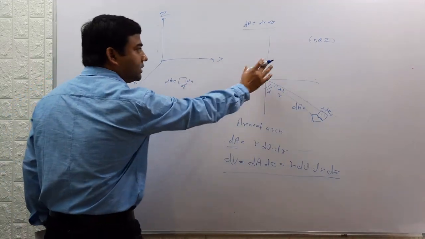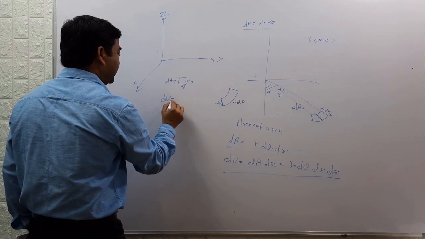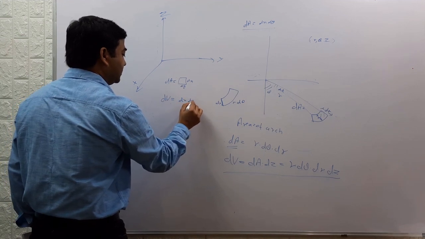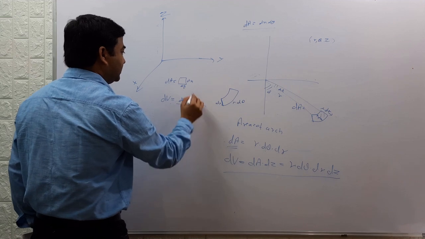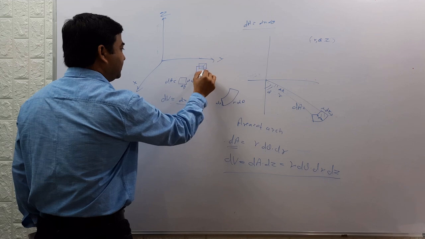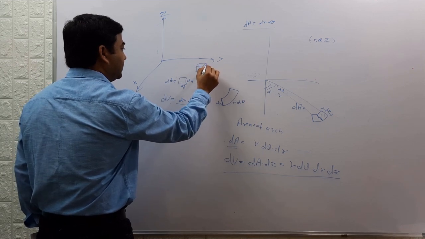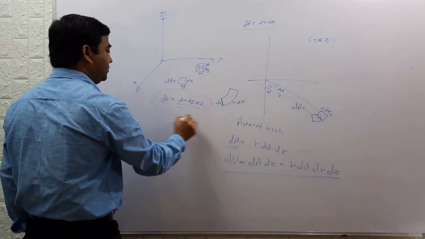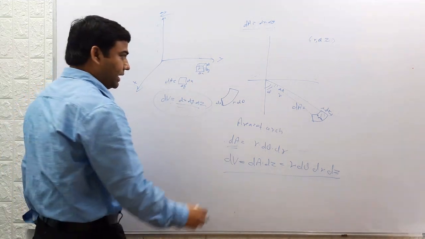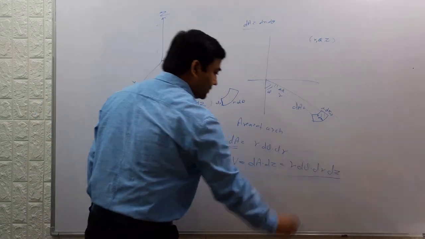In Cartesian form, dV is written as dx dy dz. We assume a small cuboid shape with dimensions dx, dy and dz. So this is the small volume element, and in cylindrical form the small volume element is given by this.